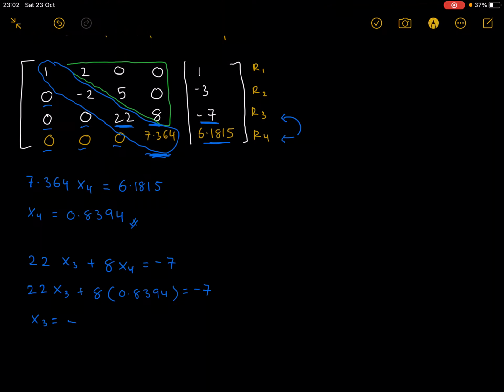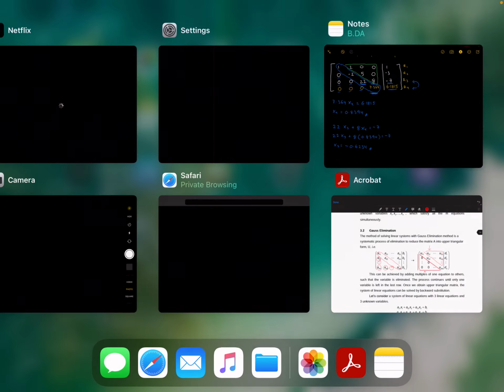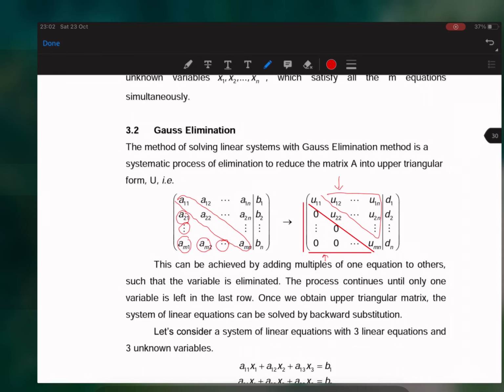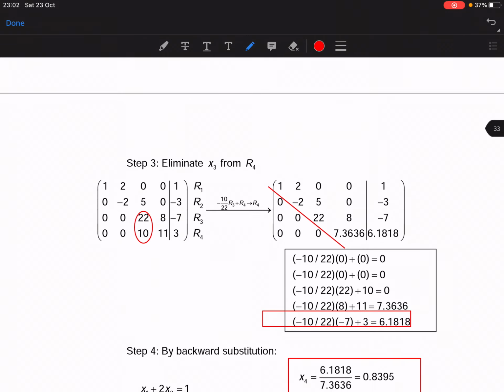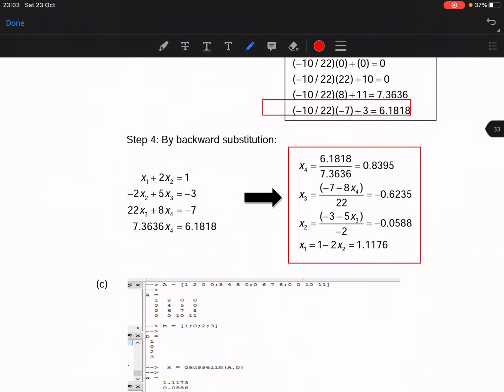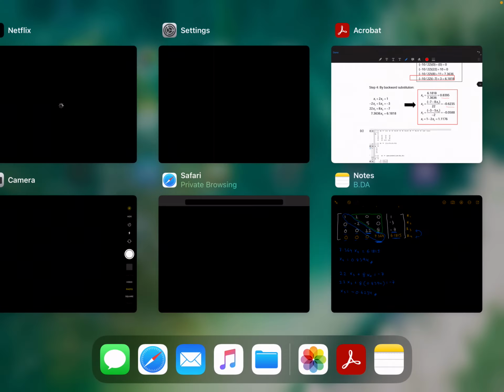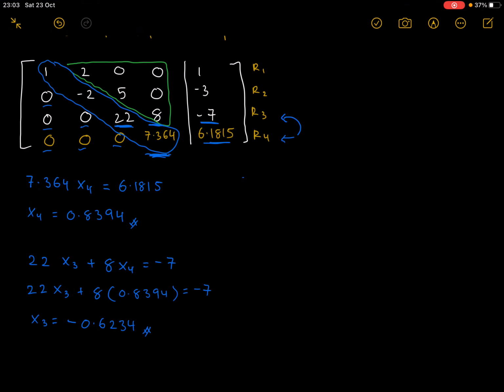So x3 is equal to negative 0.6234. Let's check the value here, whether we got it correctly or not. x4 is 0.8395 and x3 is negative 0.6235. We have already defined x3.